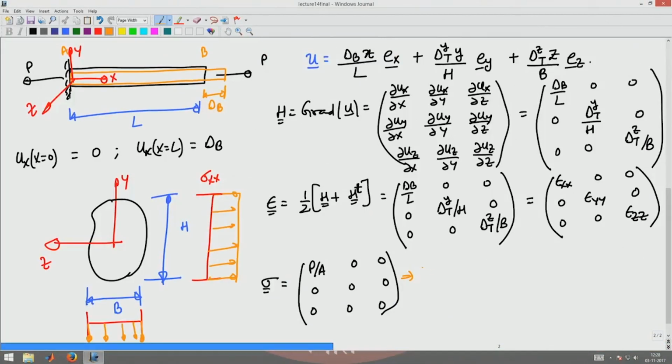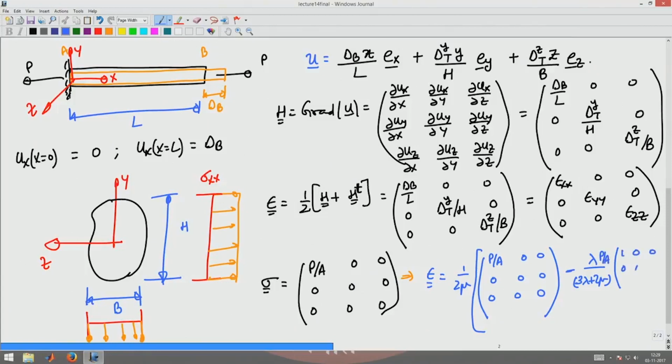From here I get the strain, in terms of the stress, to be 1 by 2 mu P by A times the matrix with zeros, minus lambda by 3 lambda plus 2 mu P by A into the identity matrix 1 0 0, 0 1 0, 0 0 1, right.